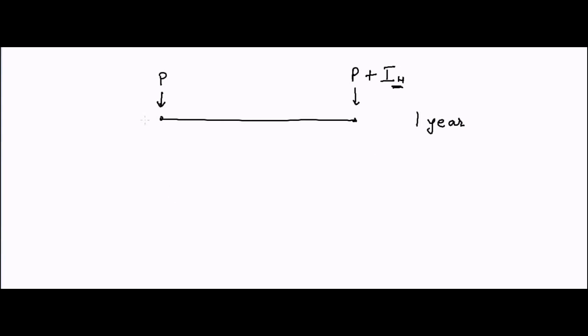Suppose you have a bond which pays you P plus IH. In that case you have to pay P right now. So you pay P for the bond.